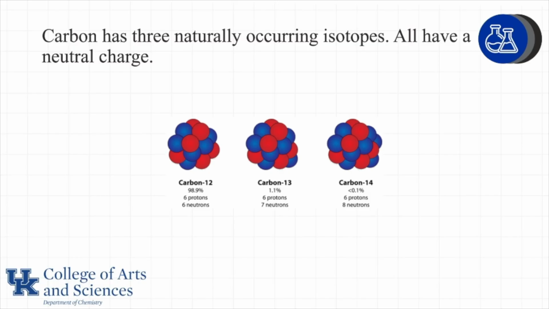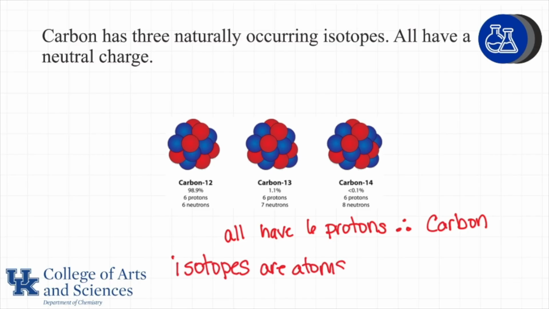What is the same on all 3 of these? They all have 6 protons, which indicates that they are carbon. So they're all carbon, but what is different about them? So they have a different number of neutrons.